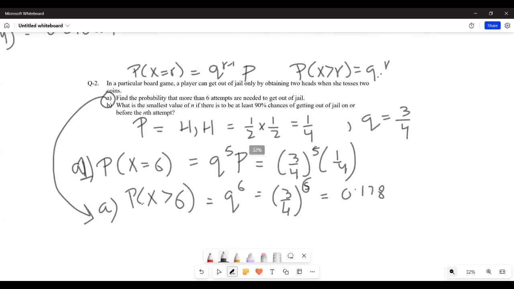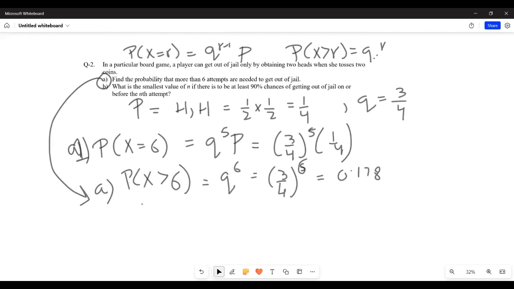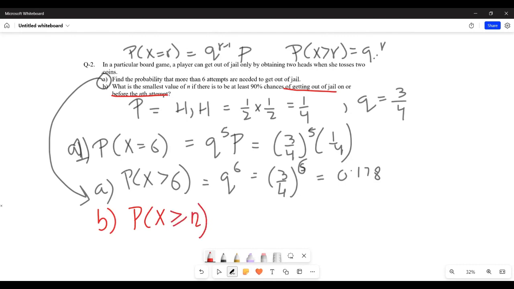Part B. Find the smallest value of n if there is to be at least 90% chance of getting out of jail on or before the nth attempt. On or before the nth attempt means probability X is greater than or equal to n.